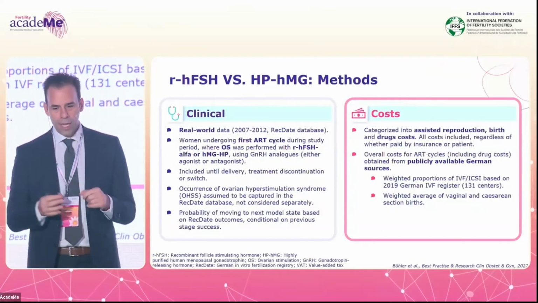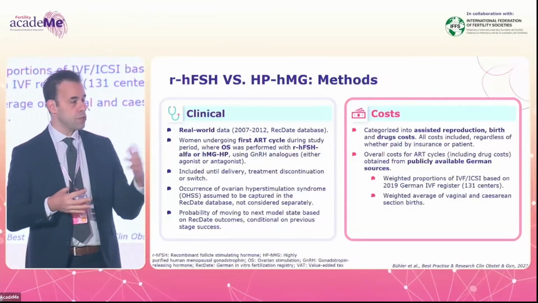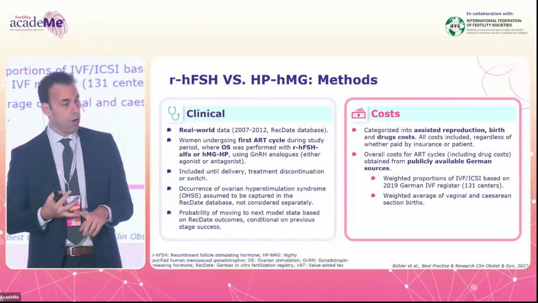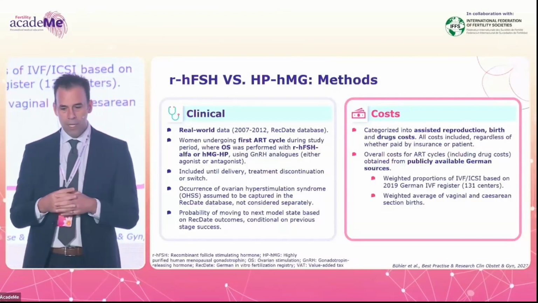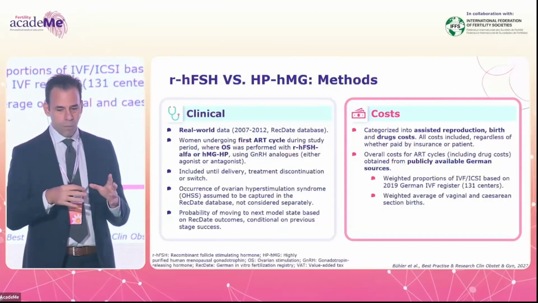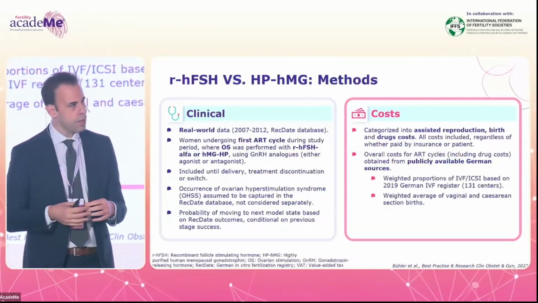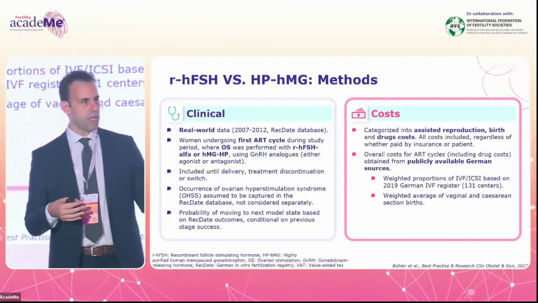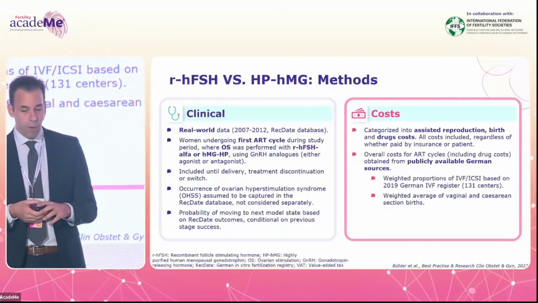We included all data until delivery, including treatment discontinuation or switch to a different treatment. The occurrence of ovarian hyperstimulation syndrome was assumed to have been captured by RecDate and therefore was not considered separately, and the probability of moving to the next model state was also based on the data of miscarriage rate and live birth rate that was provided by RecDate.